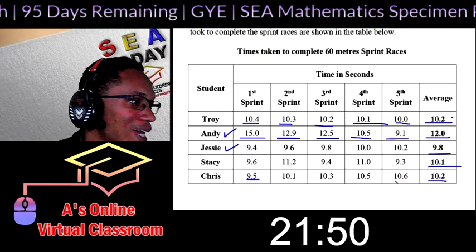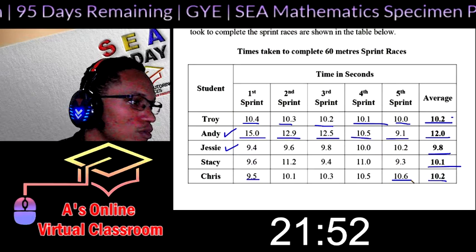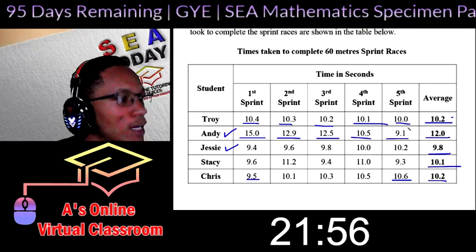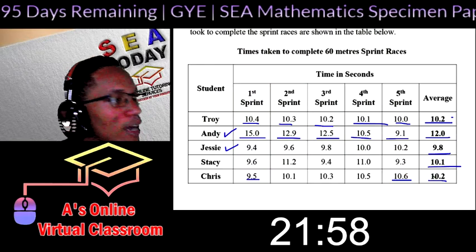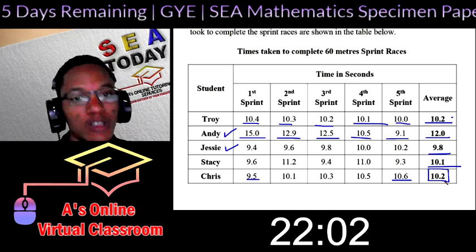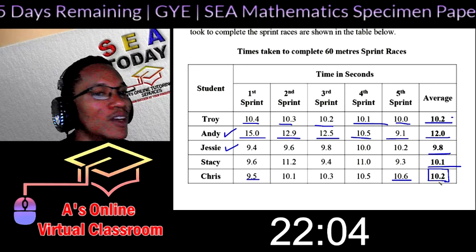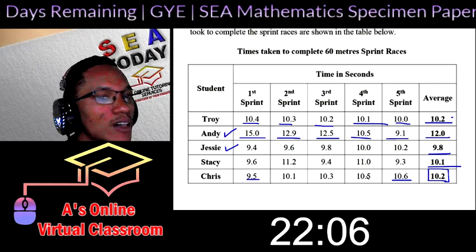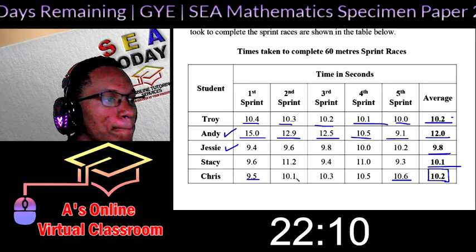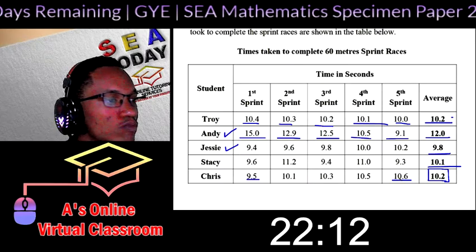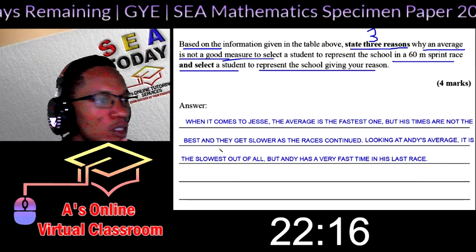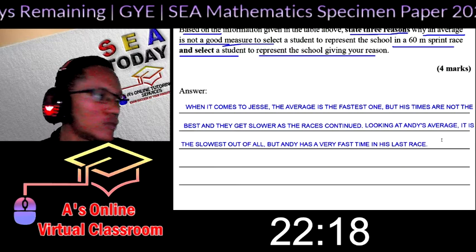So Chris's last time here, he would have come last in this race, and his average was still not the worst. He ran 10 seconds a lot, and so I could probably try and use Chris. Yeah, let's try Chris.